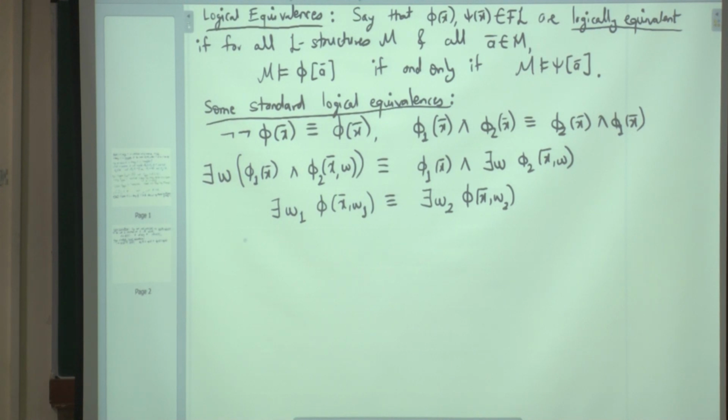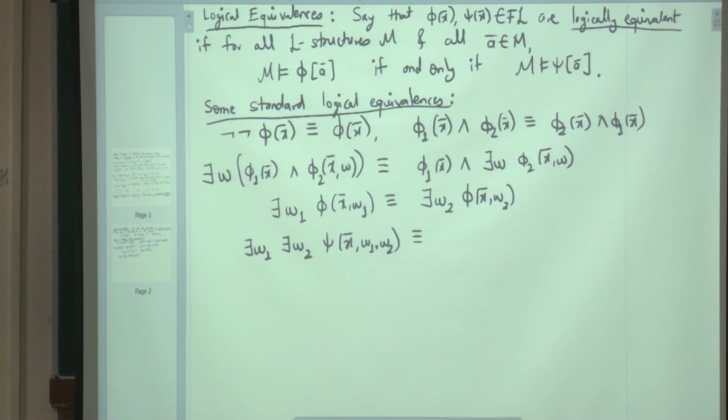Okay, another thing. I think I already mentioned this. So suppose there is a formula psi which has two variables replaced by quantifiers, then what can I say this is logically equivalent to? There exists w2 comma w1.